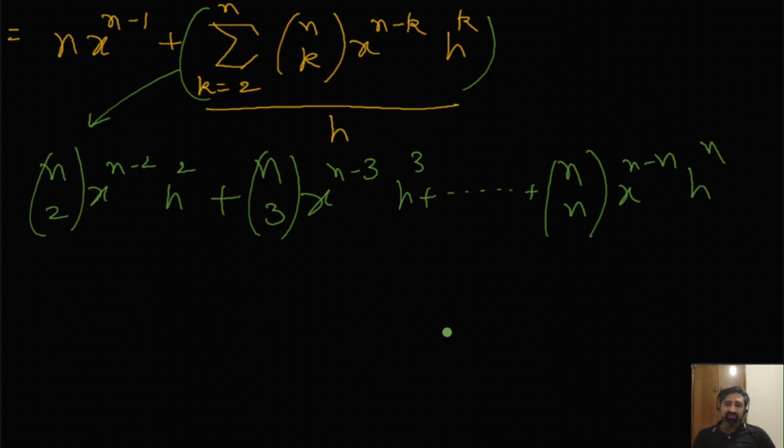Okay, see, the minimum power of h is 2 here, and the maximum power of h is n.